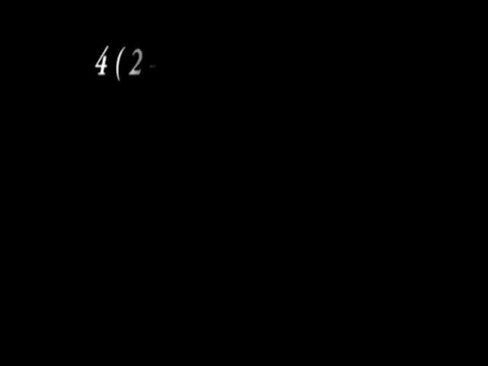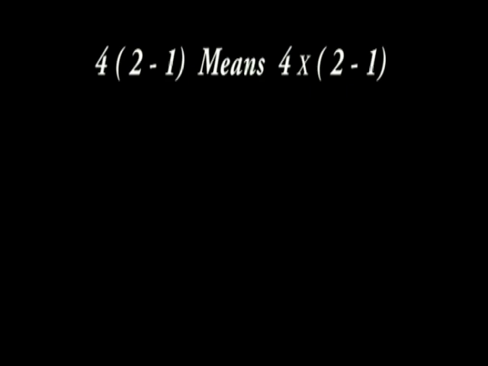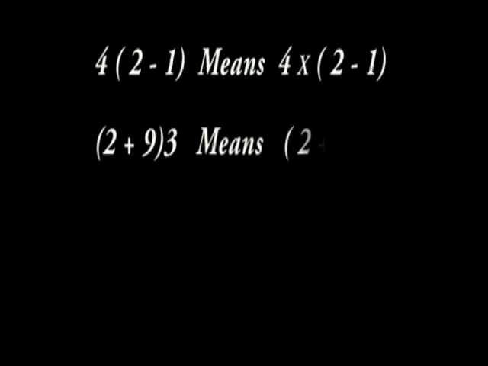For example, 4 into 2 minus 1 means 4 times into bracket 2 minus 1. Similarly, 2 plus 9 into bracket 3 means 2 plus 9 into bracket times 3.